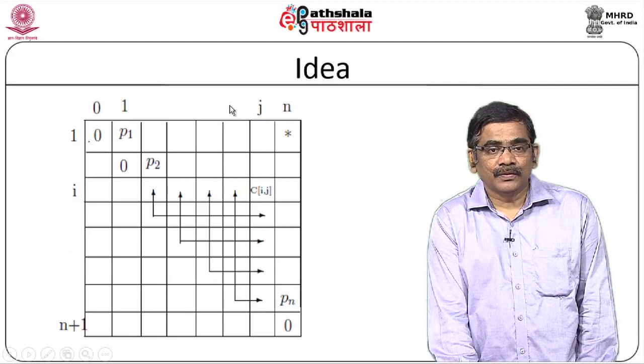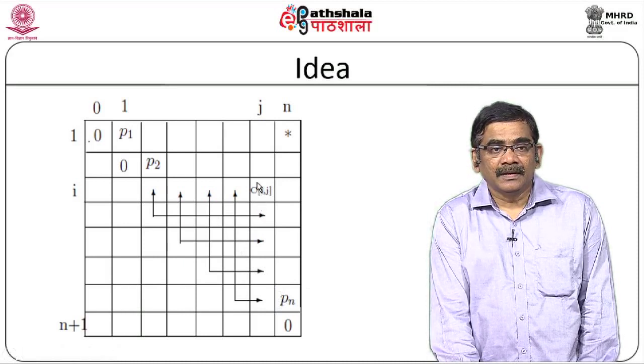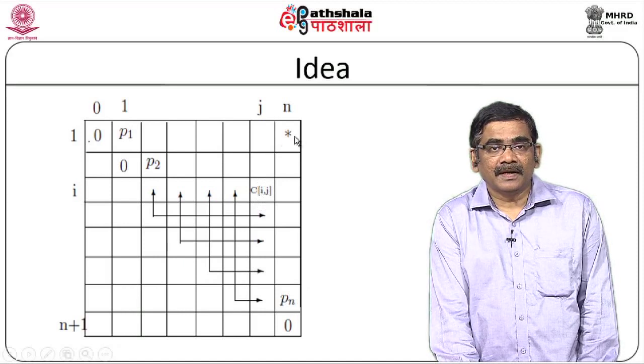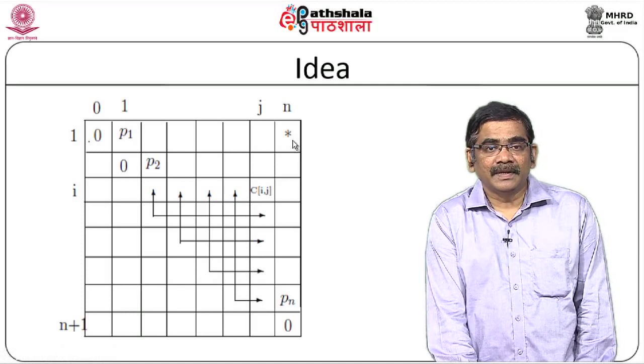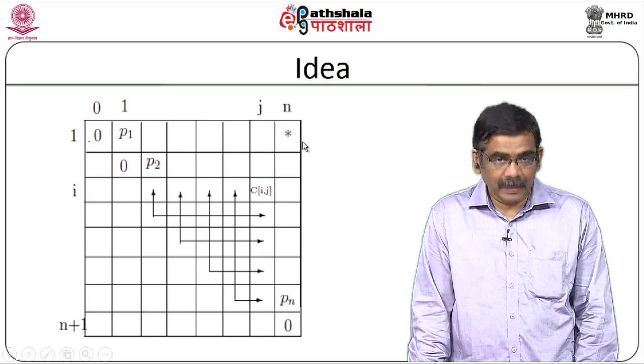P 1, P 2, P n are the various probabilities that are associated with the given elements, and we are going to compute C of i comma j, and finally, C of 1 comma n is going to contain the minimum cost that is required for establishing this. This is the idea behind the whole thing.